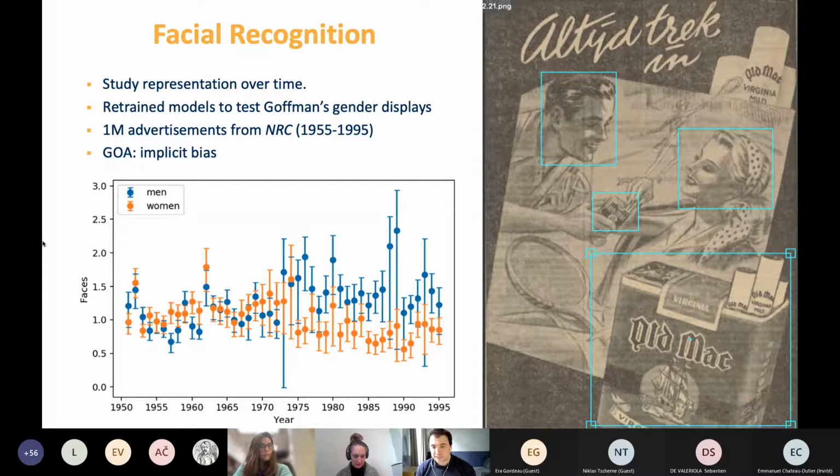But from the 1970s onwards, we see that men become much more prevalent in advertisements. It can also be connected to a change in the management of the newspaper, but Melvin and I think that this can be related to the increase of financial advertisements that showcase financial products.